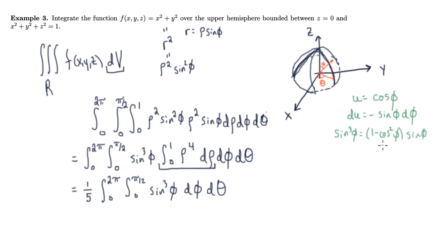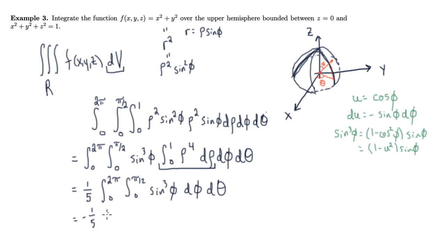And so you see that actually I can write this as 1 minus u squared times sine phi, but the sine phi is going to be absorbed when I do the substitution. I'm just going to get a negative sign. So sine cubed becomes 1 minus u squared and then minus du. So I get a minus, which I'm hoping will resolve itself because I should get a positive answer.